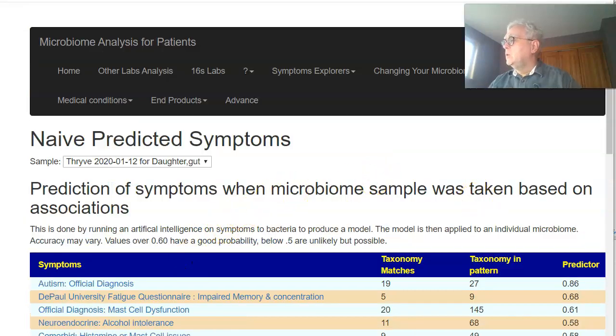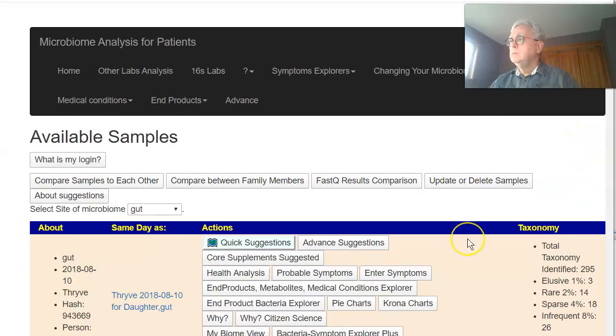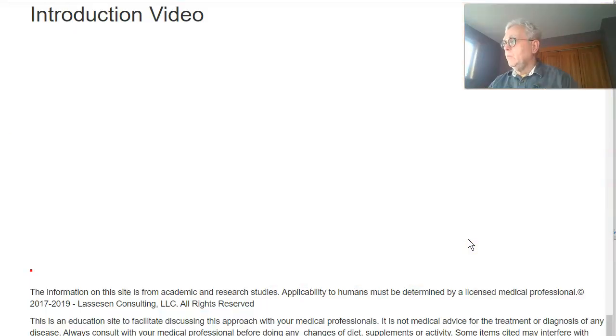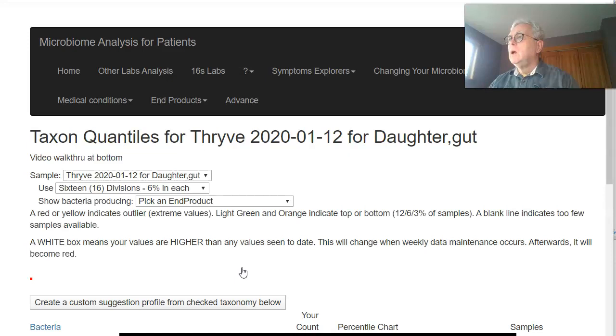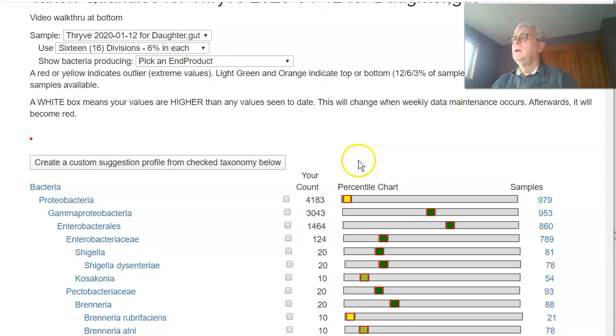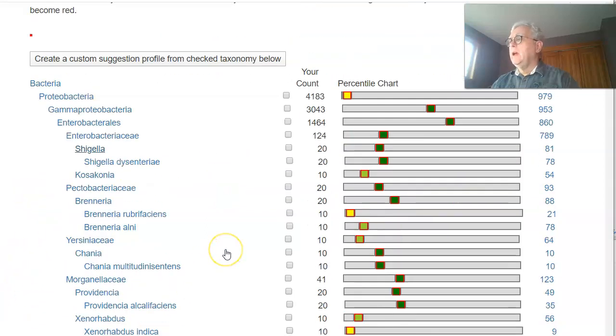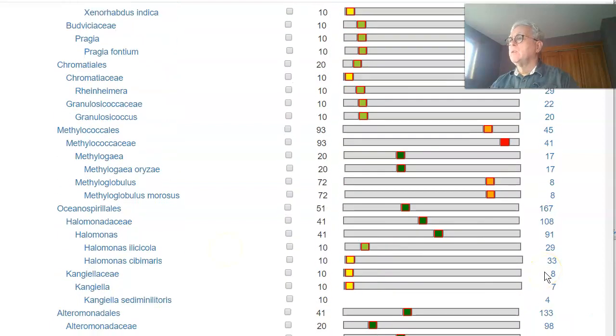And what I'm actually going to do is change back to the page there, and I'm going to go over to my biome view, which shows the bacteria in the hierarchy which you have and their relative levels compared to everybody else in terms of samples.